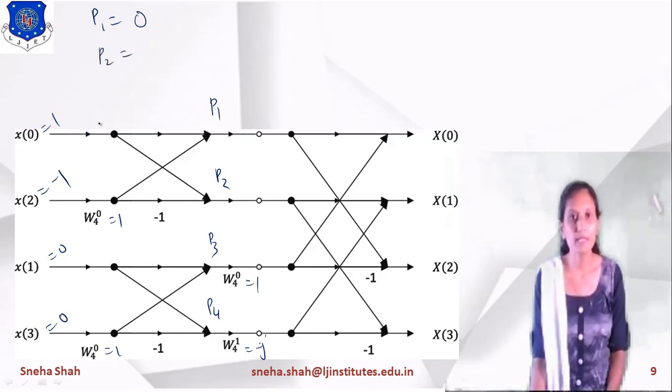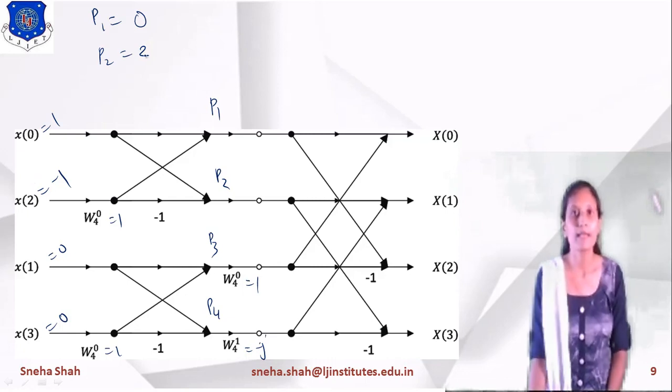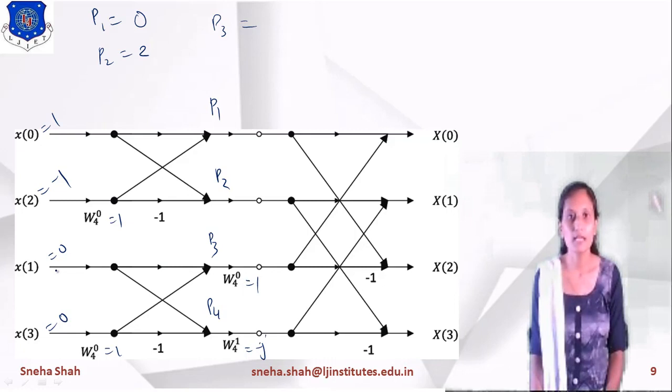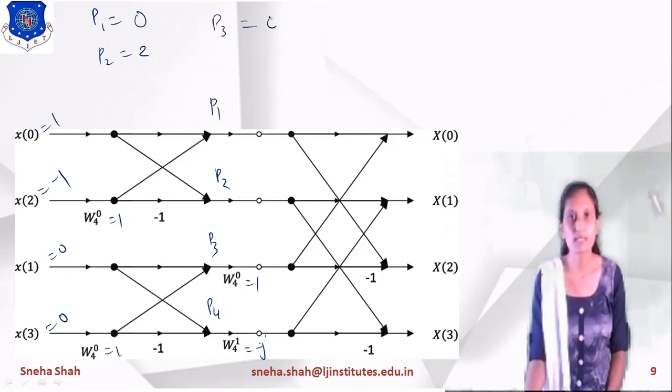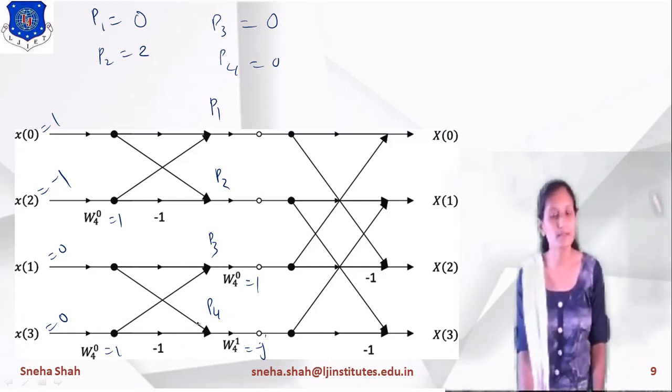Similarly, for p2, it is 1 plus minus 1 into minus 1, which is 1 plus 1, so its value equals 2. In the same way, p3 is 0 plus 0, which means 0. And p4 is also 0, since 0 into any term is 0, right?